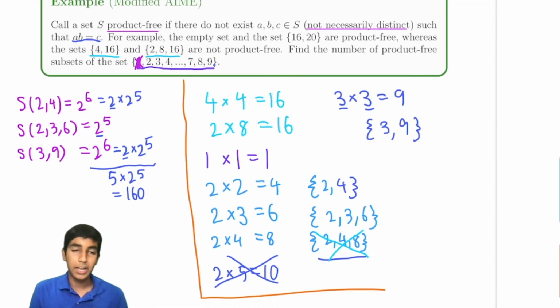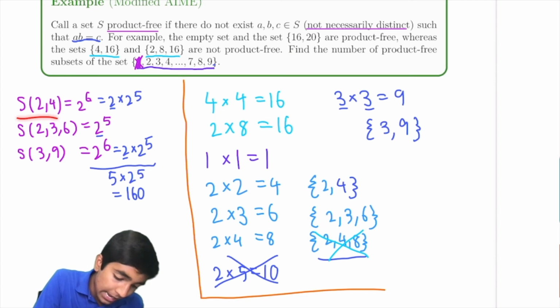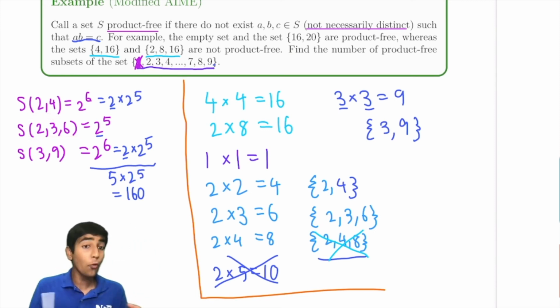But we're not done yet, because we have to subtract the possibilities where 2 of them are true, by PIE. We're overcounting the possibilities where, let's say, our subset contains both 2, 4 and 2, 3, 6. We're overcounting that, so we've got to subtract it.